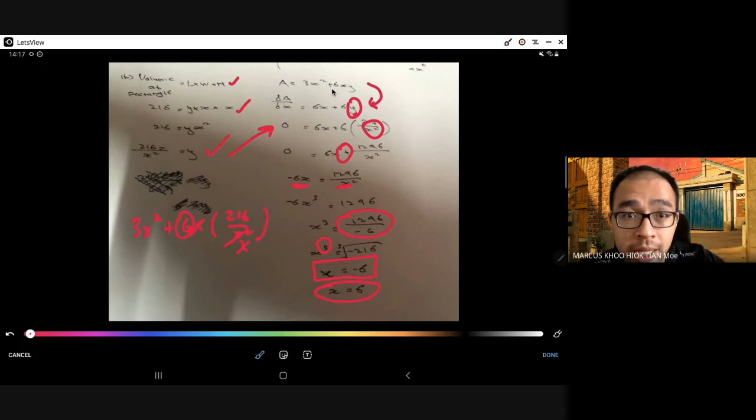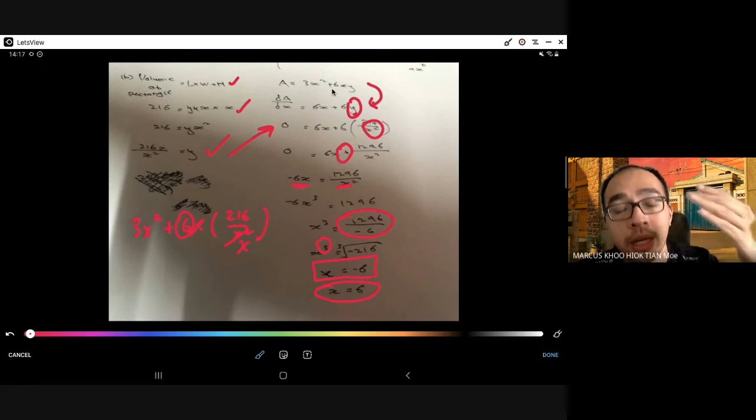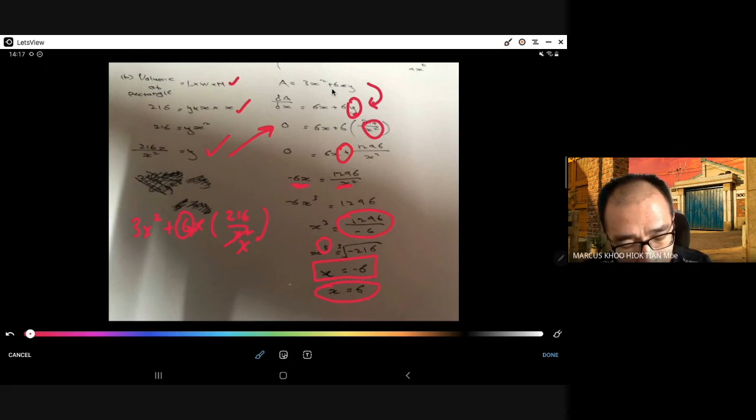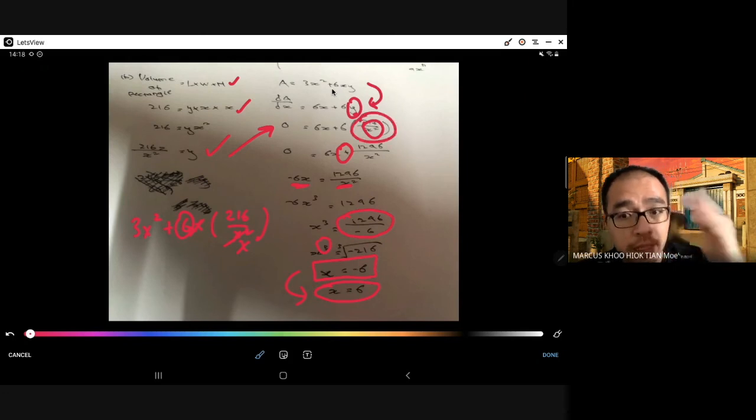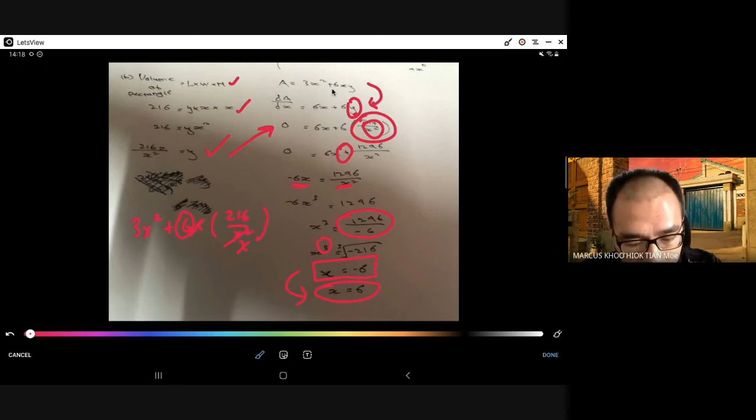So the cube root, if the answer is negative, it is negative. It does not have two answers, either negative 6 or 6. So that's why when I looked at this, I wondered how you got x equals negative 6 and then x equals 6. And I suspected that the problem was here. So I think your steps are okay. It's just that I would suggest, to improve this, next time substitute the y.